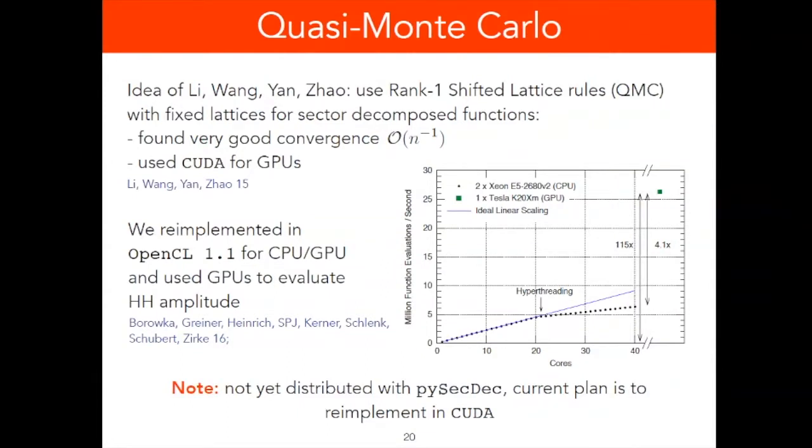Okay, just as a follow-up to that, can you somehow isolate the singularity that is associated with the thresholds or physical singularities in some analytic way, like you do in the initial steps of sector decomposition?